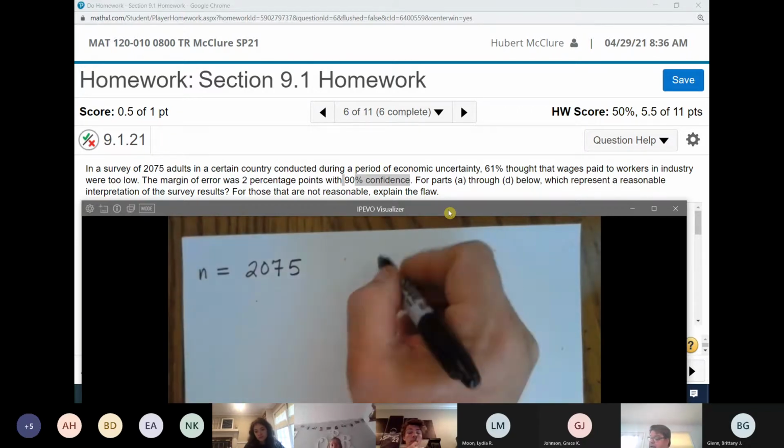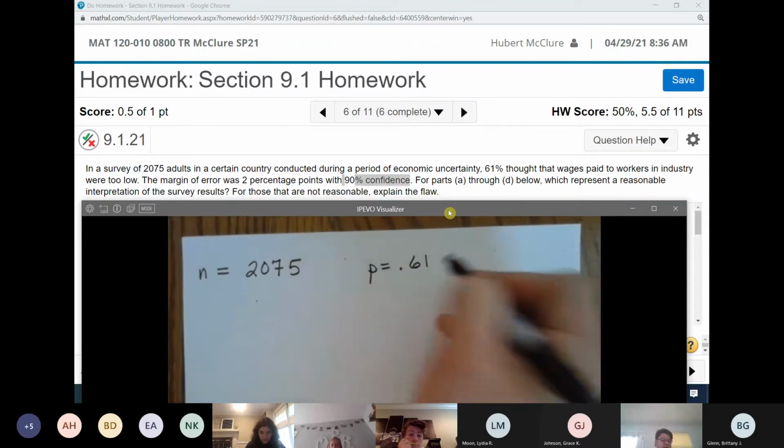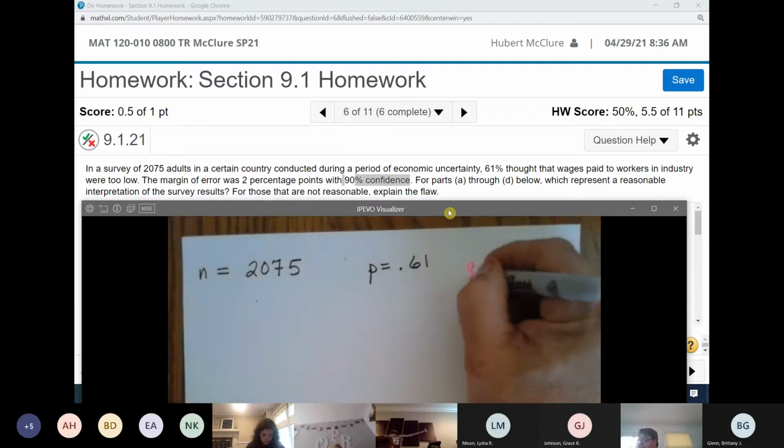All right, P hat is equal to 0.61. Therefore, somebody calculate Q hat for me.